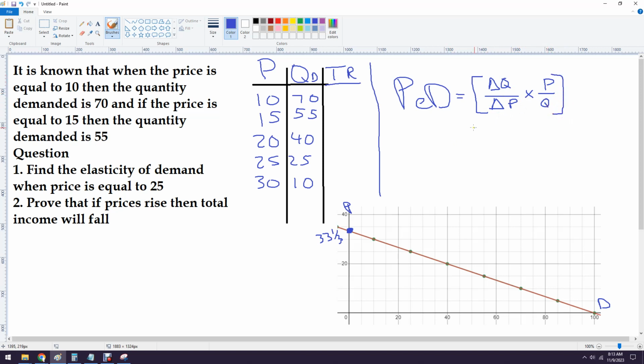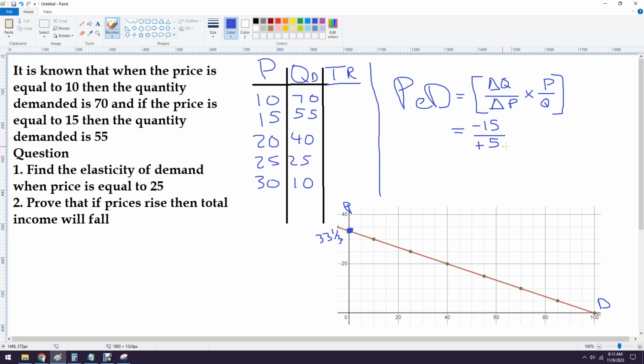They kind of give you an easy one. The change in quantity, you can see it's decreasing. So from here to here, it's decreasing. So it's negative 15. And then the change in price is an increase of 5.